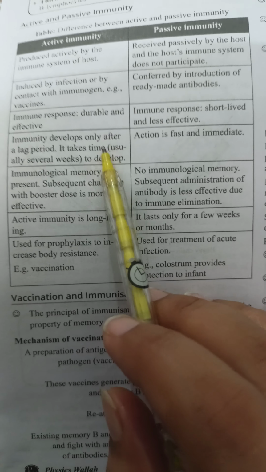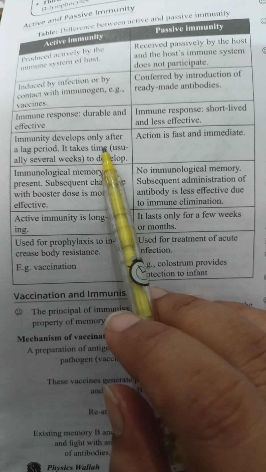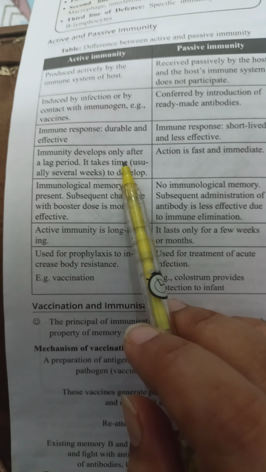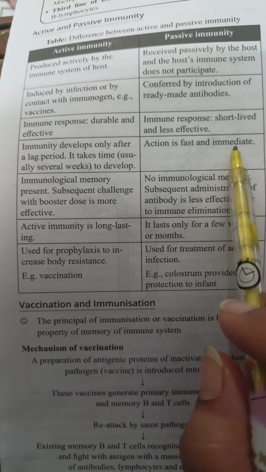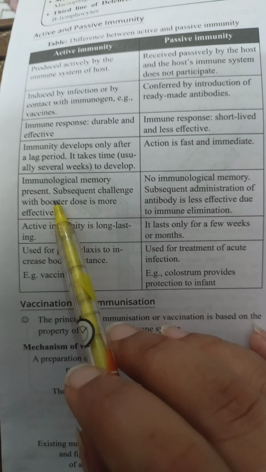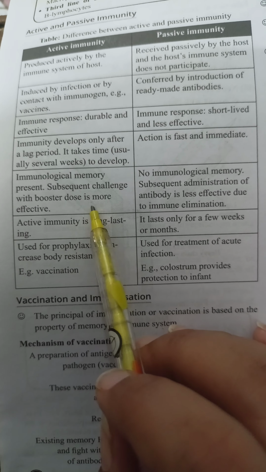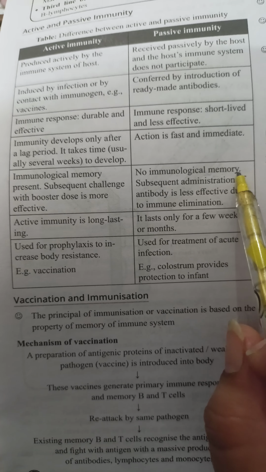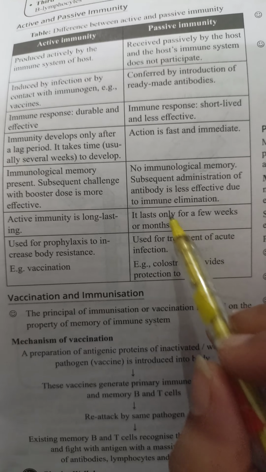The vaccine contains the pathogen in weak or inactive form, so it takes time to develop. Action is fast and immediate in passive immunity. Immunological memory is present in active immunity; a subsequent challenge with a booster dose is more effective. No immune memory develops in case of passive immunity; subsequent administration of antibody will be needed again.